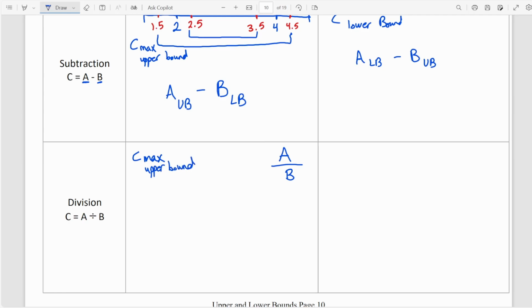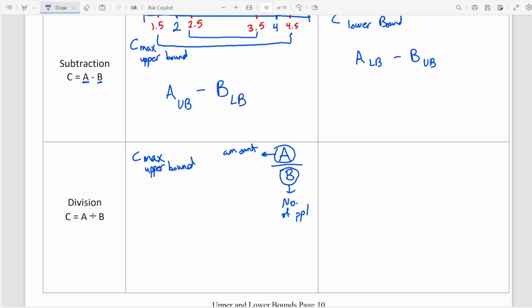So let's say you had a bunch of chocolates and you want to divide them on a number of people. So this is the amount of chocolate you have, and this is the number of people.